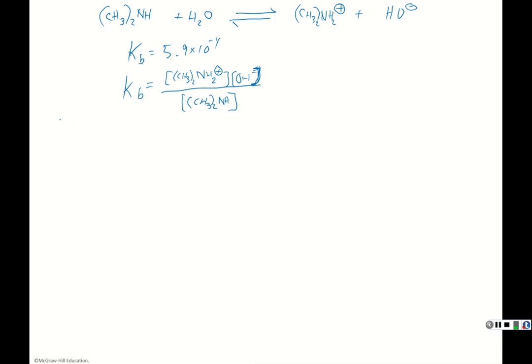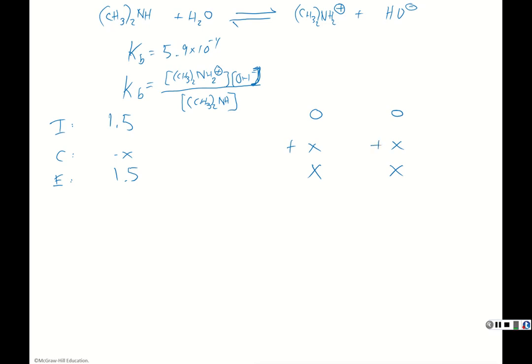So we can set up our reaction table. Our initial concentration is 1.5 molar, and 0 and 0. And we lose some of that, and we're going to gain. We're still assuming that the amount dissociating or grabbing a proton is not going to change very much relative to the initial. And sorry, these should be plus x's.